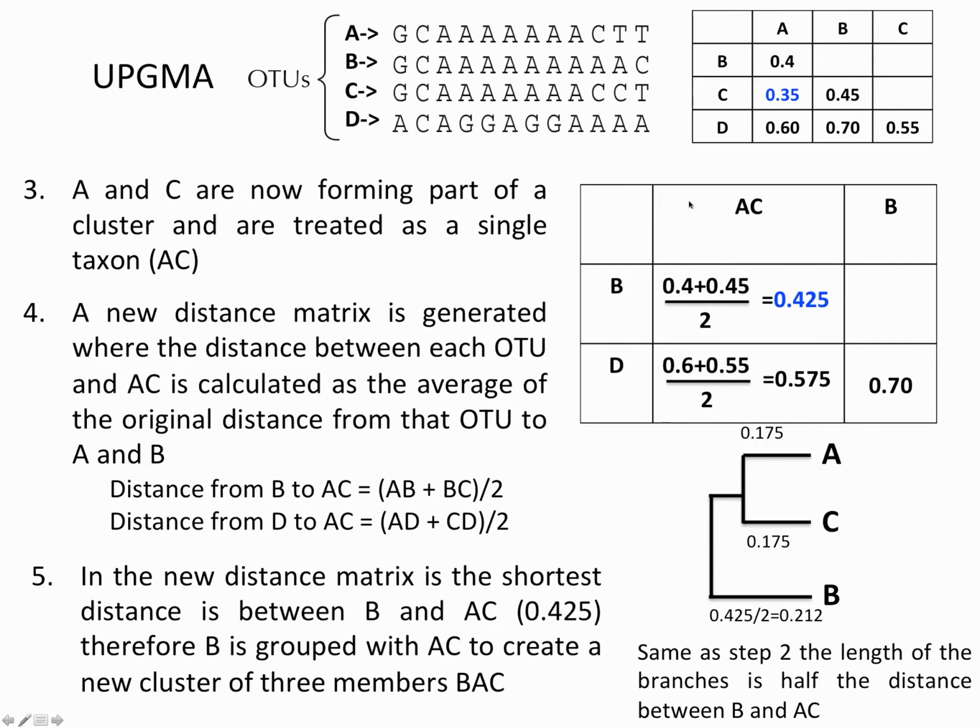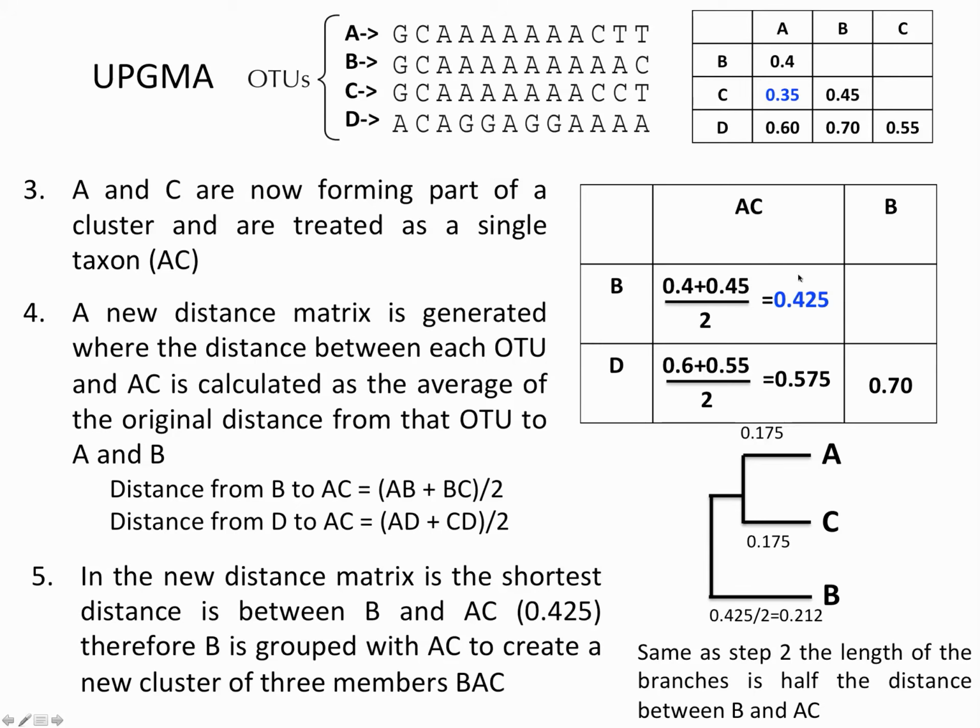The same for this, and D with B is the same value. Once again, you choose the smallest value of the new distance matrix.